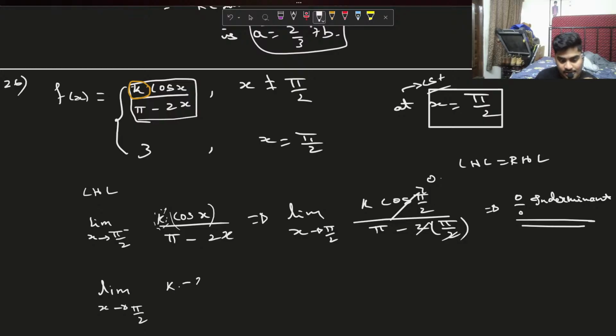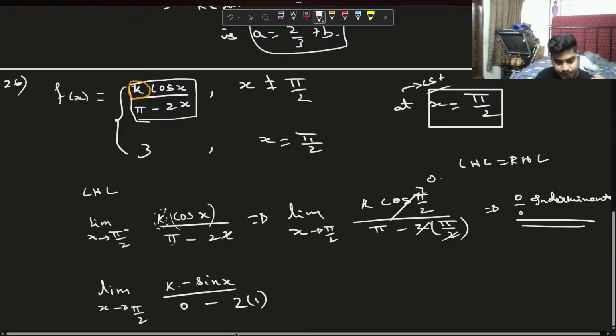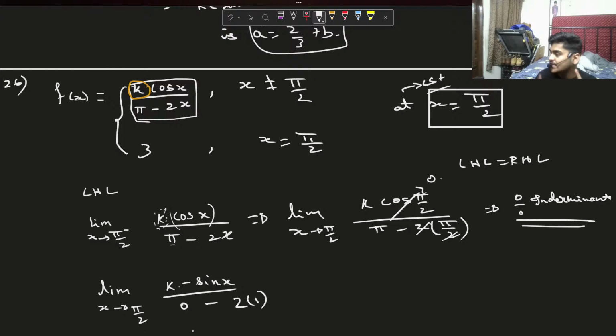So the derivative of cos x is minus sin x. Done. Now here, this is a constant, so 0 minus 2 into 1, because the differentiation of x is 1.